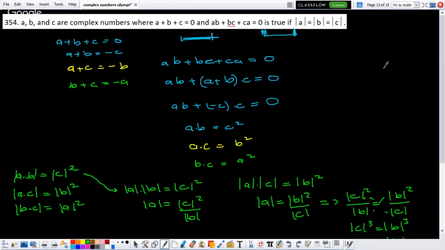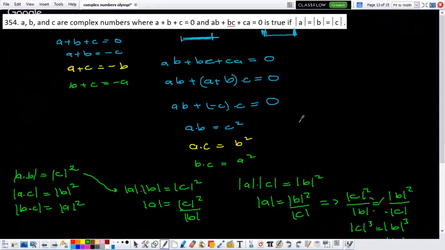A plus B plus C is equal to 0, and AB plus BC plus CA is equal to 0 if and only if I said. That's why, when we use if and only if, the question has logic. Otherwise, here we don't have any terms to use.